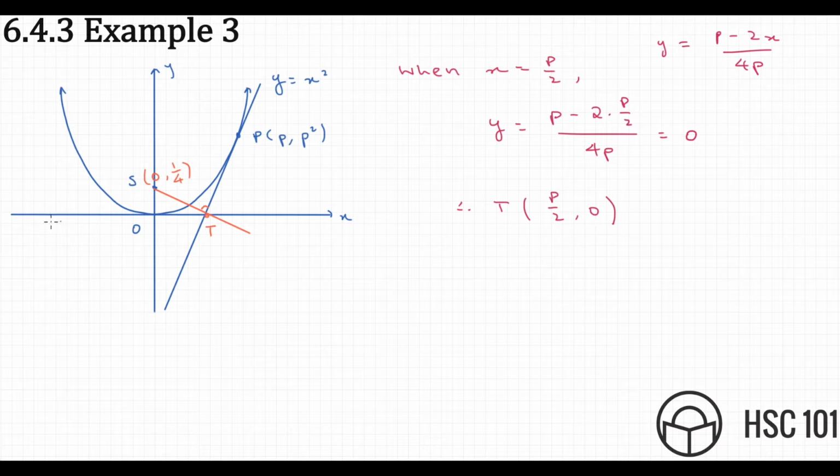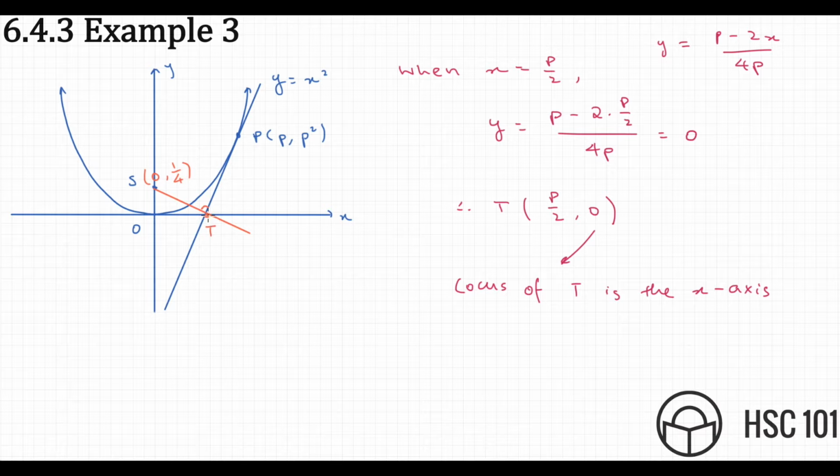The x value in this particular case doesn't really matter too much. It just reflects that it is essentially half the distance between the y-axis and the point P, but the y value is always 0. So this tells us that the locus of T is the x-axis.